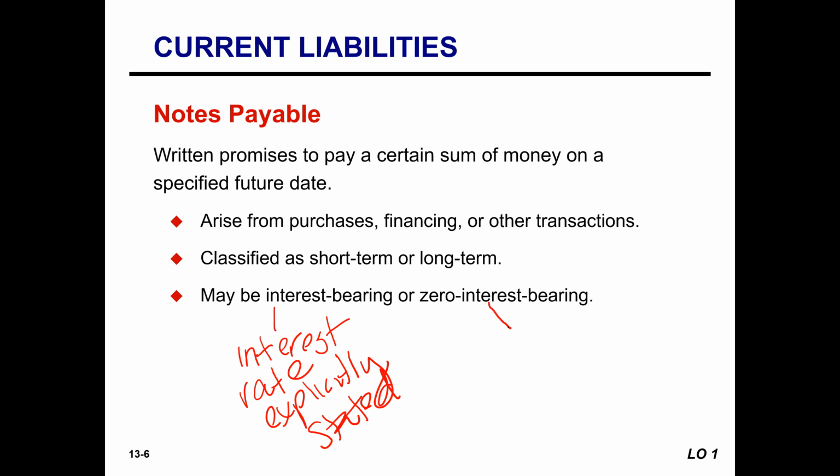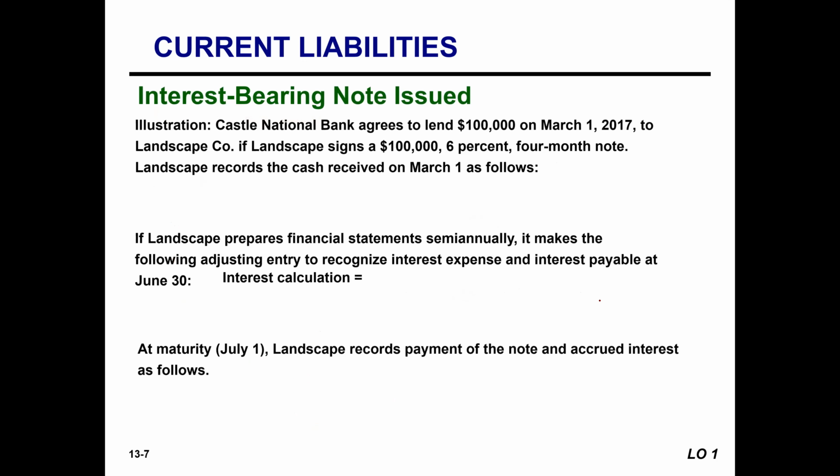Zero interest-bearing, you would consider it implicit. We're going to see an example where they give us a $100,000 loan, but when we pay it off, we have to pay off 102,000. So that's 2,000 worth of interest. There's not an explicitly stated interest rate, but there is a cost of borrowing associated with it, right? We do know the amount of interest on the loan.